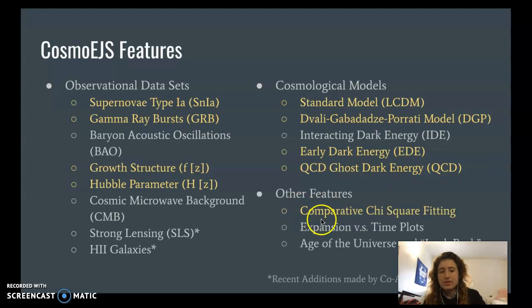We also have other features, including a chi-square fitting, which we acknowledge is not completely reliable, as our data is not evenly distributed over time, because obviously closer observations are easier to get, easier to use, so it does favor later universe.